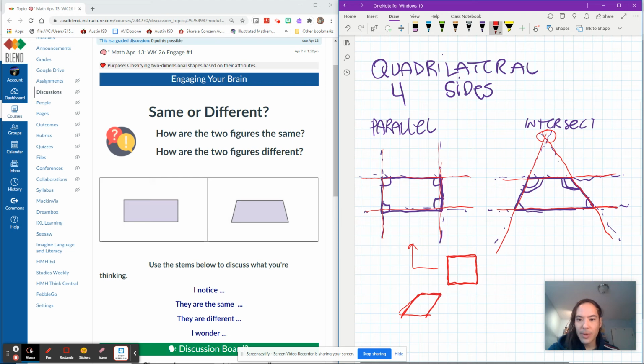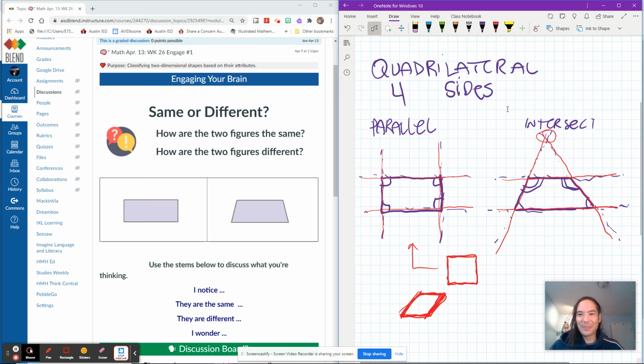Does anyone remember what those were called? We'll talk about that in the next couple days. I wonder how many different polygons we're going to learn. I wonder what's the greatest number of sides on the polygons we learned in fifth grade. I wonder, are these related to triangles? Are we going to use words like acute angles when we talk about quadrilaterals? I wonder if we are going to talk about obtuse angles when we talk about quadrilaterals.